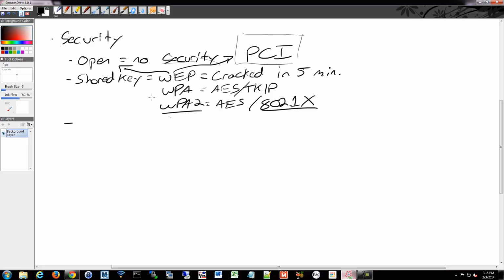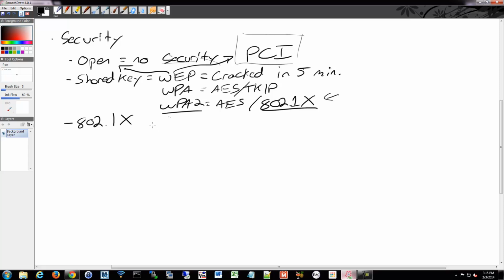Like if you're running a domain or something like that, your guest access is probably not going to run through 802.1x. But if you have a number of employees or something like that, you definitely want to try to set up WPA2 and 802.1x. So 802.1x is your third option really for security, which is the preferred way.